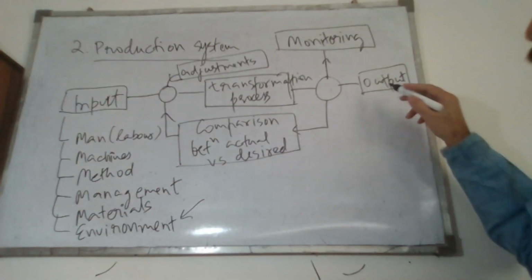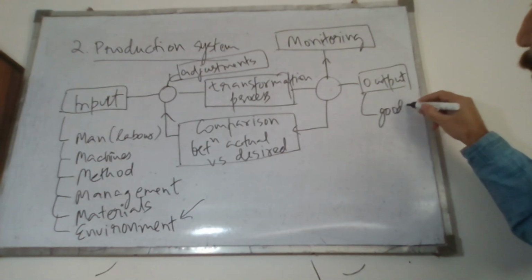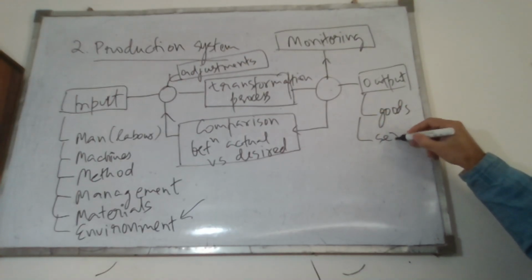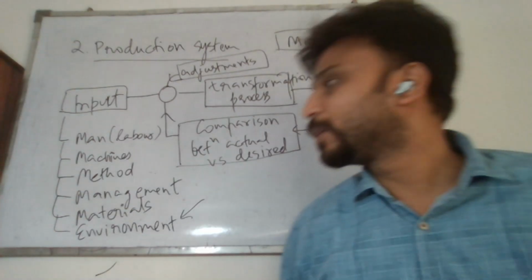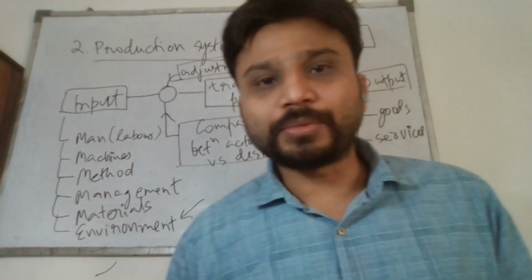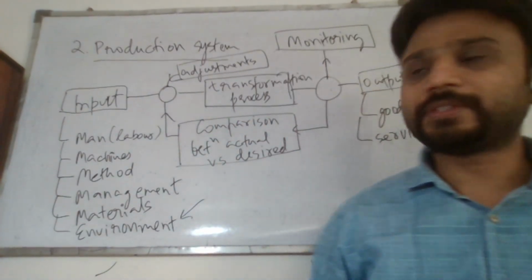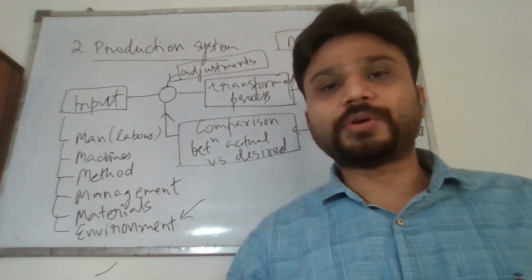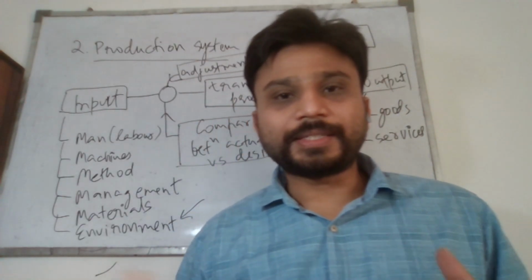The output includes the goods which we are producing and the services which we are delivering. So this is what a typical production system looks like. For a brake pad facility, like I told, it will have the inputs required. It will have raw materials like the resins and fibers.